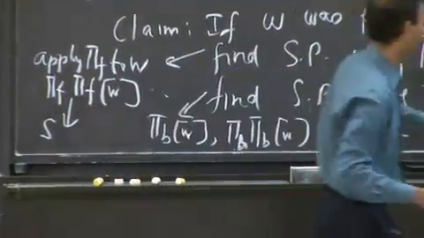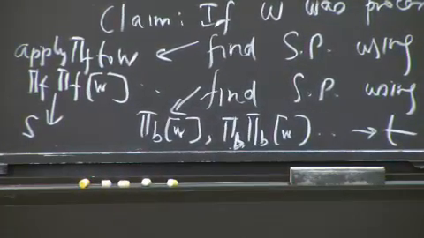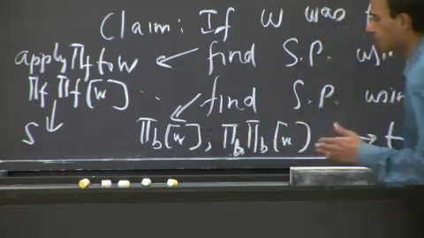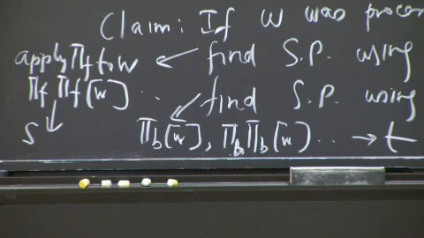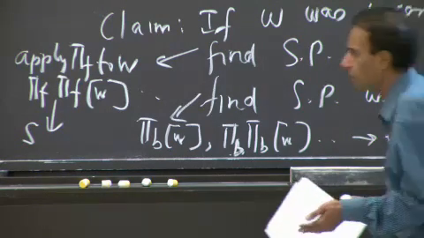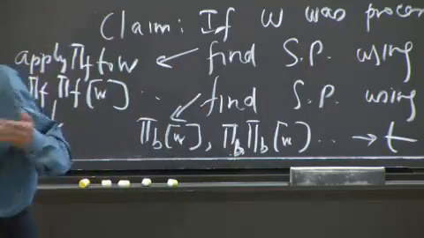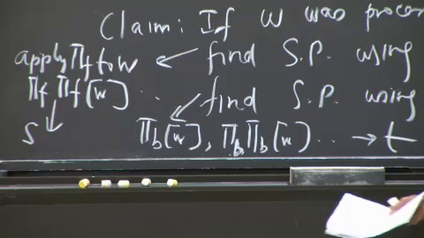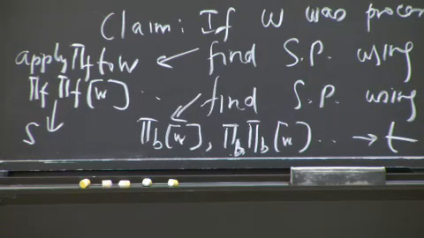So what I wrote here, S to W, T to W, there's nothing incorrect about that. And what's important to understand is the application of the pi f and the pi b, both, according to this, start with W, which is this vertex that caused the termination to happen. All right? So people buy this?